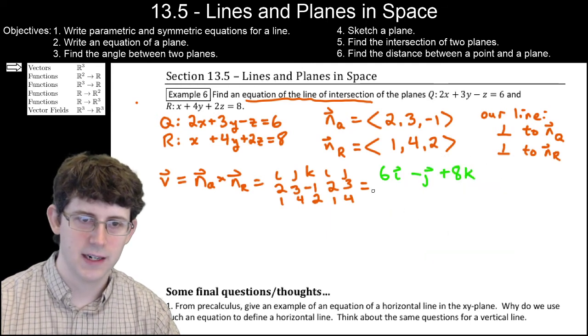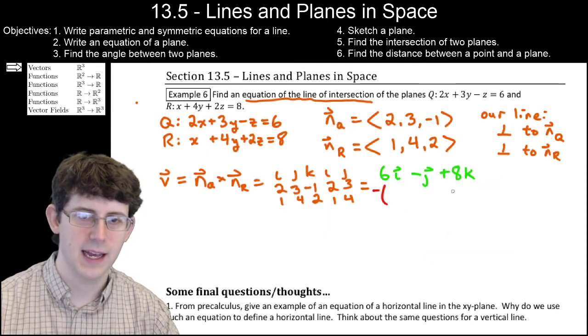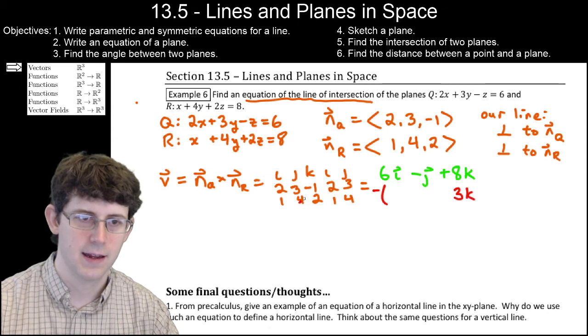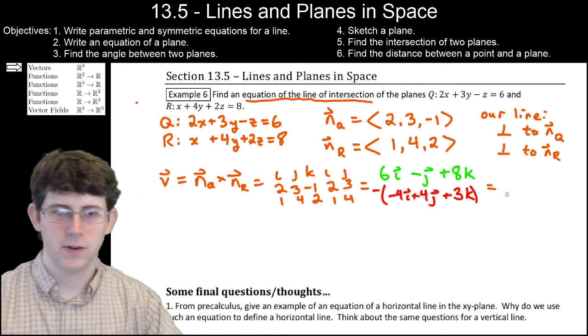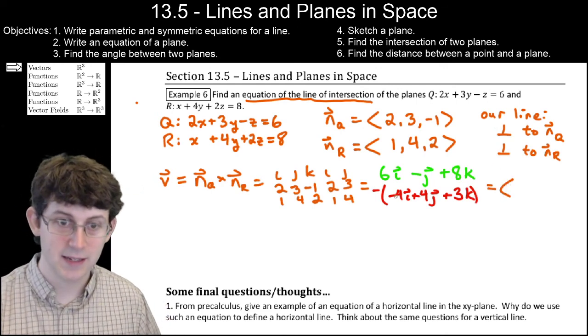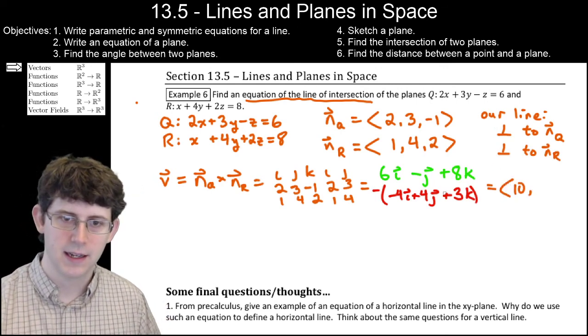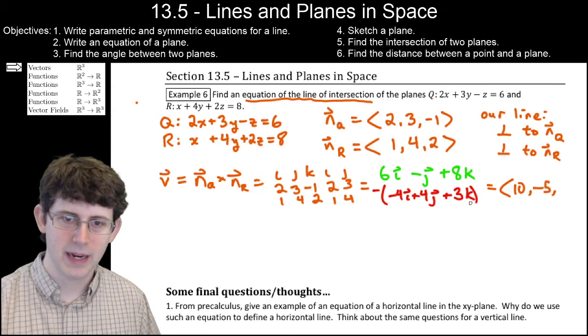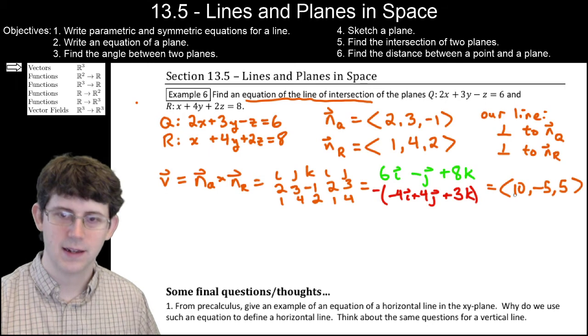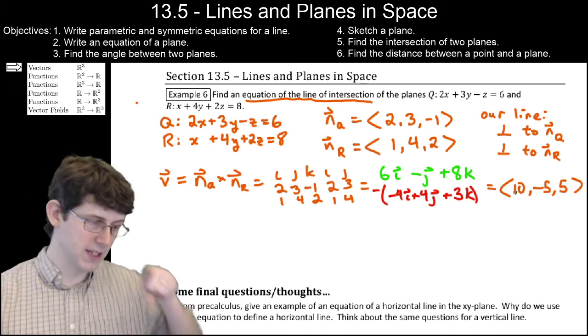And the backwards direction, I get 3k, minus 4i, 4j. So in total, I have 6 minus minus 4 in the i direction, minus 1 minus 4 in the j direction, and 8 minus 3 in the k direction. So here is a vector that goes in the direction of my line.